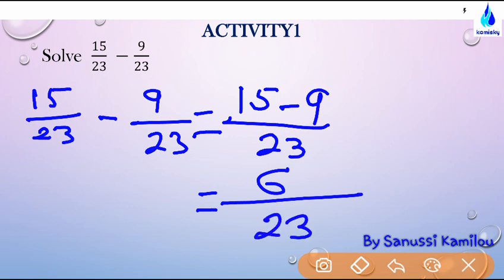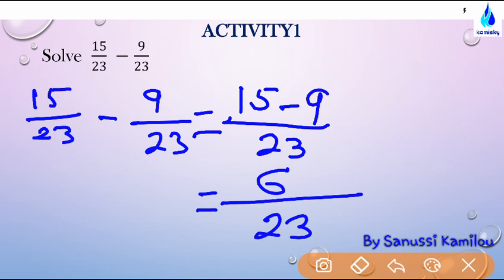Now when you finish your work, check whether it will be simplified. So check whether there's a number that when I divide the top by that number and divide the bottom by the same number, I will still get whole numbers. So looking at this, there's nothing that can go into 6 and at the same time goes into 23.